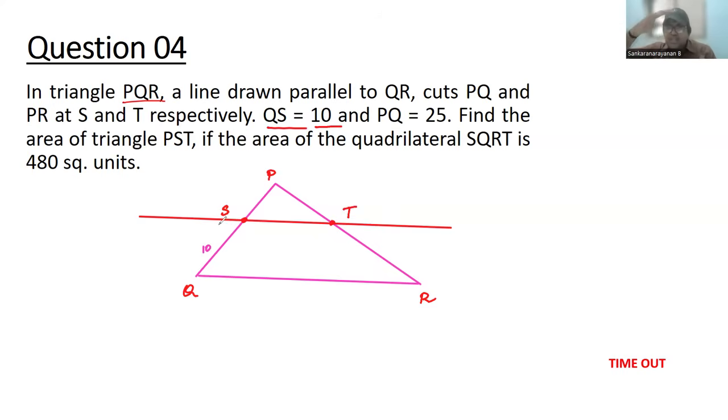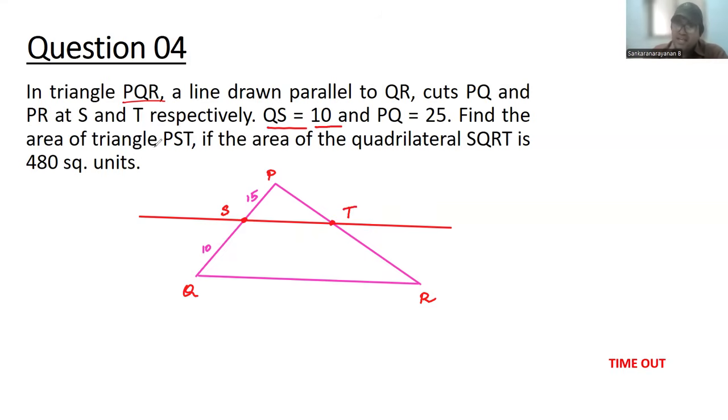So the full length PQ is 25, wherein QS is 10. Can you not say that PS has to be 15? So PS is 15, SQ is 10, and 15 plus 10, PQ equals 25.